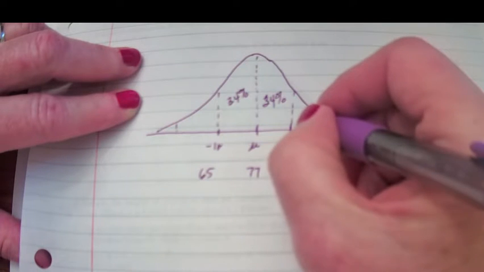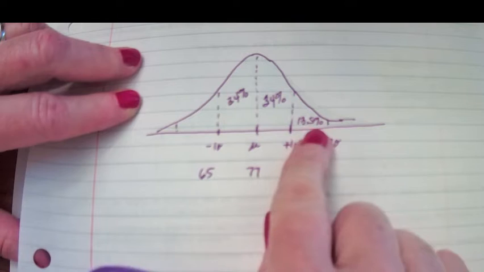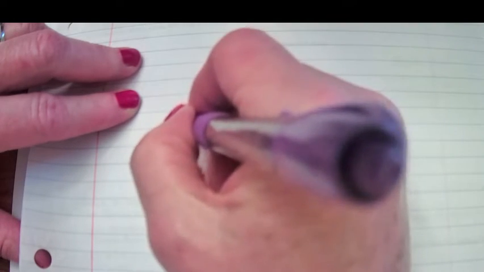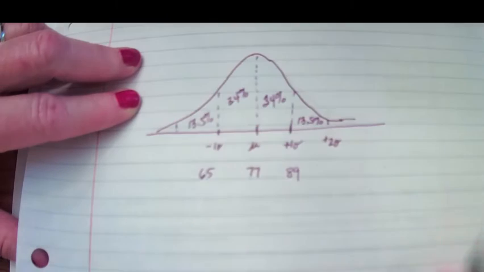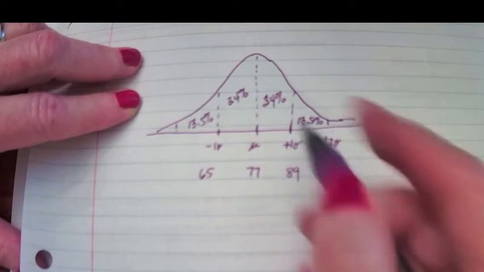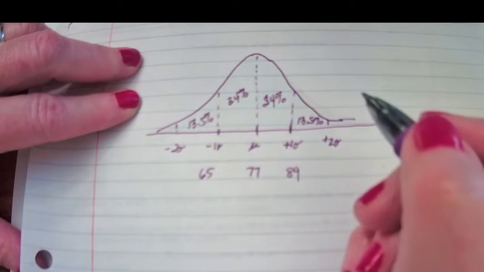The empirical rule says that an additional 13.5% will fall in this range, and another 13.5% will fall within this range, plus 2 standard deviations or minus 2 standard deviations.